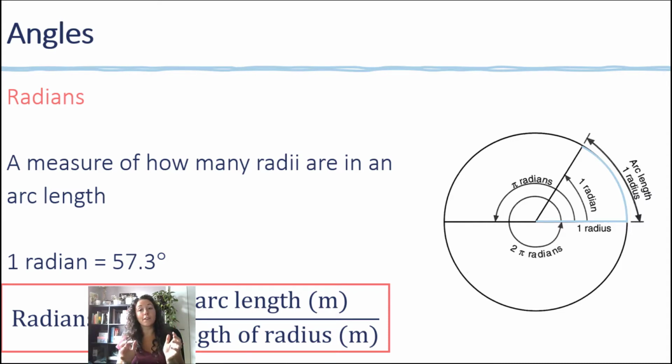And the important thing to know here is that radians don't actually have a unit. They're just radians. And that's because the units of arc length, in this case meters, and then the units of the radius, also meters, just cancel each other out. So there's no unit left for radians.